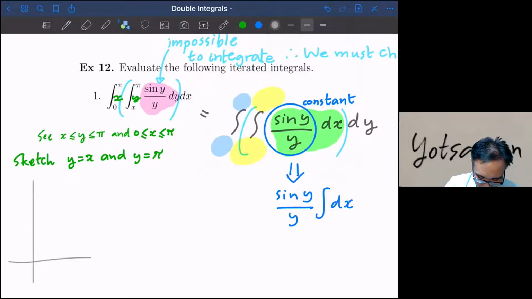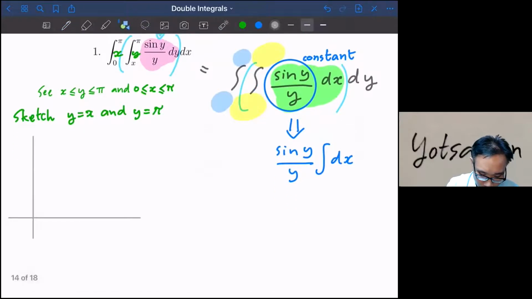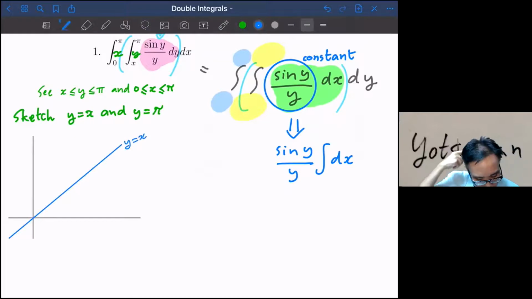So you just draw the lines. y equals x is just a straight line, and y equals pi is this line.